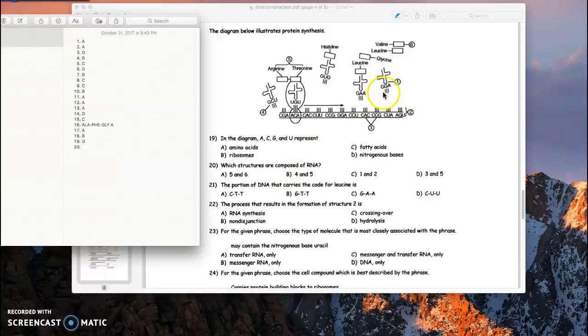So we can see we're looking for 1 and 2. 3 is also a codon, so that's going to be RNA. And 4 is an anticodon, so that is also RNA. So we can come here and look and see, all right, no. 20, no. 1 and 2, 1 and 2. So it is C. So this is tRNA, this is rRNA.